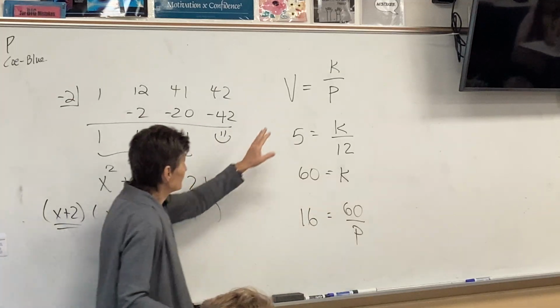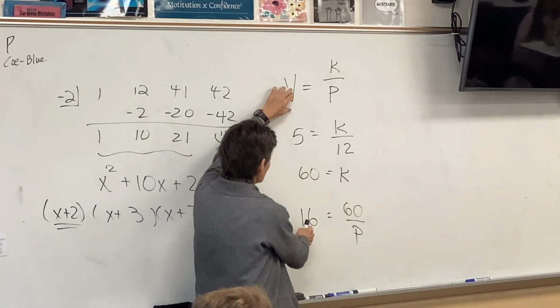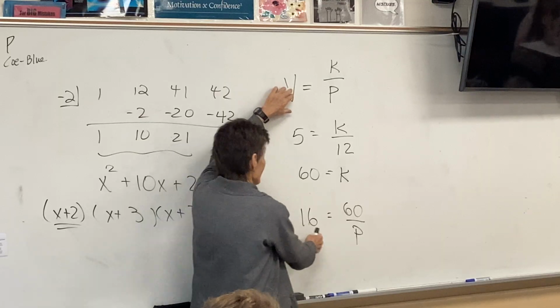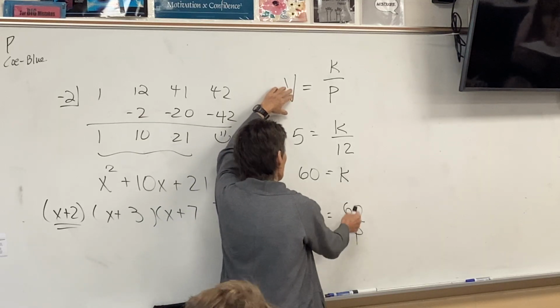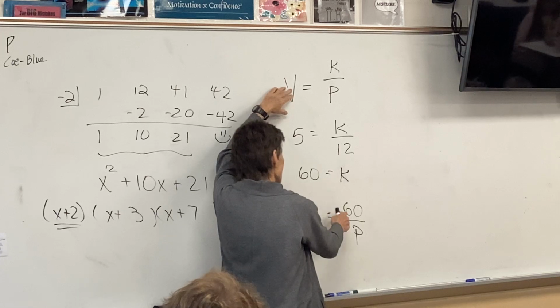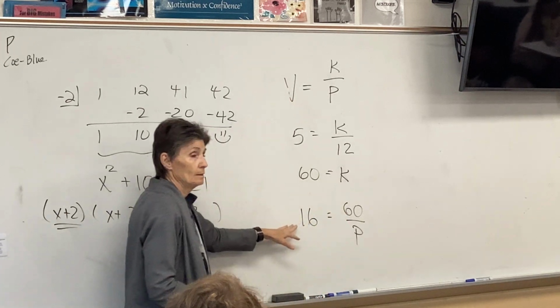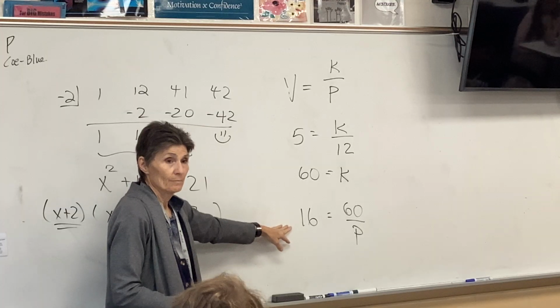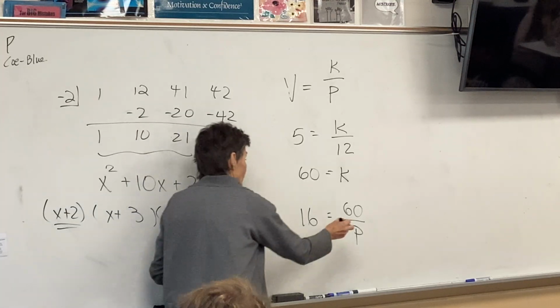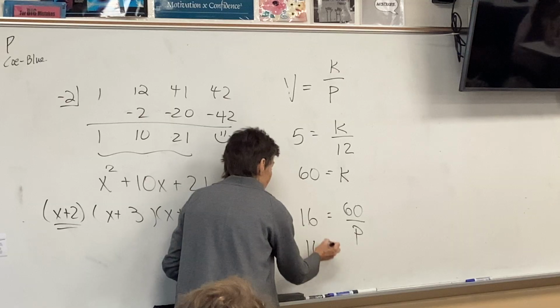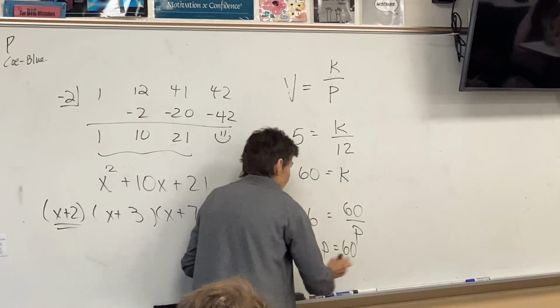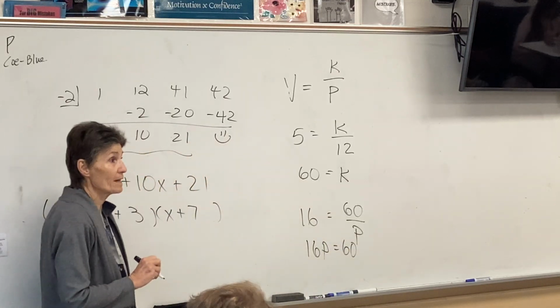So again, volume is 16, so 16 in for V. Find the pressure, don't know, but I know K is 60 because I already figured that out. So to solve that, I'm going to multiply by P. I'm not going to try to do this in my head.